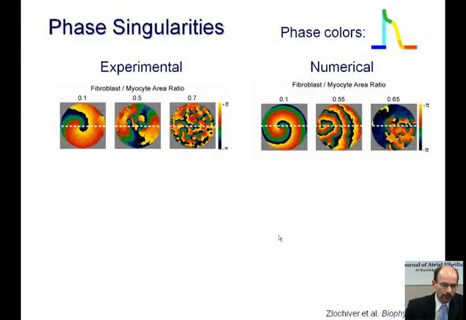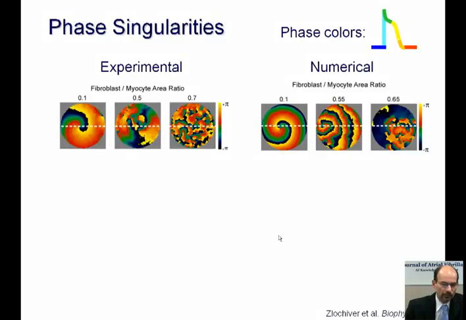What these snapshots tell us is that when we have 10% fibroblast to myocyte area ratio, there is one single rotor. Here we see a clockwise rotor, with one singularity point. As we increase the amount of fibroblasts in the cell culture to 50%, the activity looks more complex, with more sites of color convergence that indicate more sites of wave breaks and singularity points.